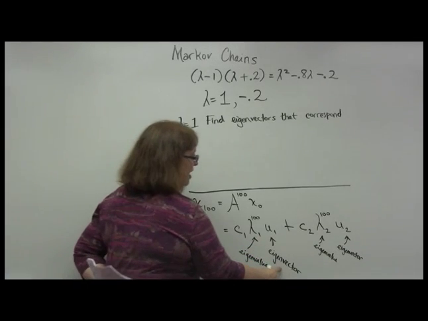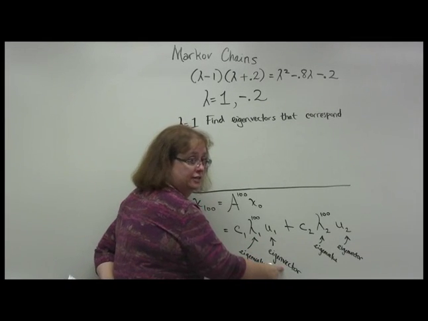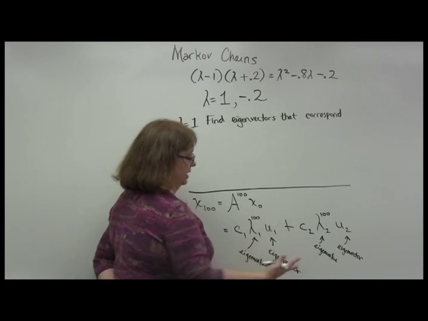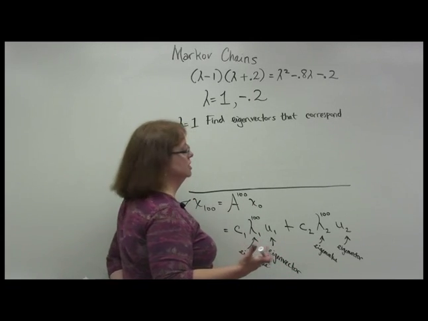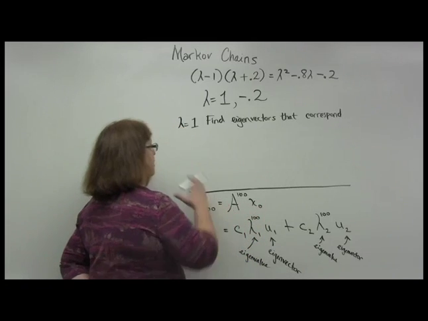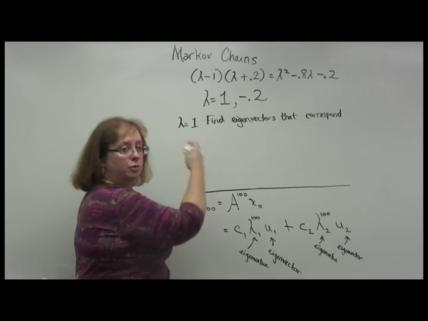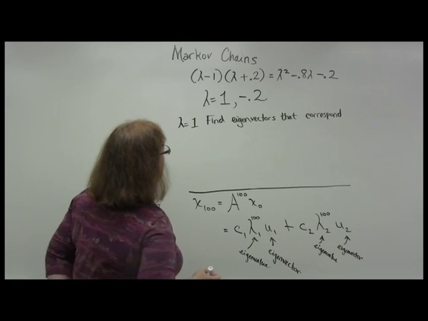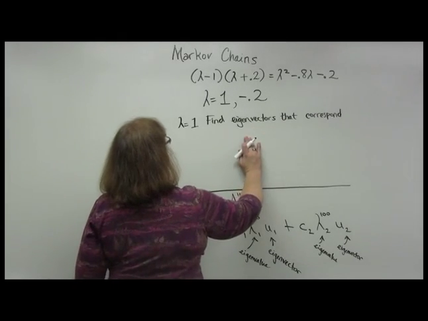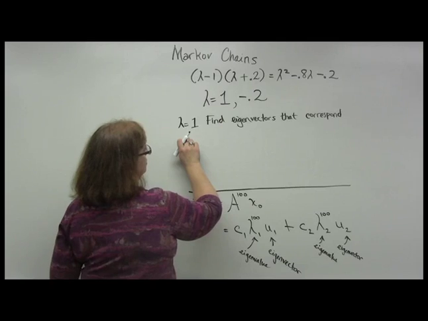Now the fact that I have eigenvector, singular, down here, just means I get to pick any of them. It doesn't really matter. They're all multiples of each other, so it doesn't matter, for example, if you have 1, 1, or if you put in 2, 2, or if you put in 5, 5, as long as you're consistent throughout the problem. Okay, so let's say I want the eigenvectors that correspond to lambda equals 1.